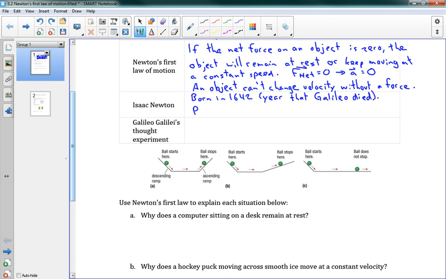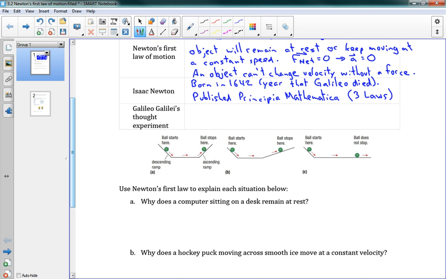Isaac Newton published a book called the Principia Mathematica, and in it he published his three laws of motion.